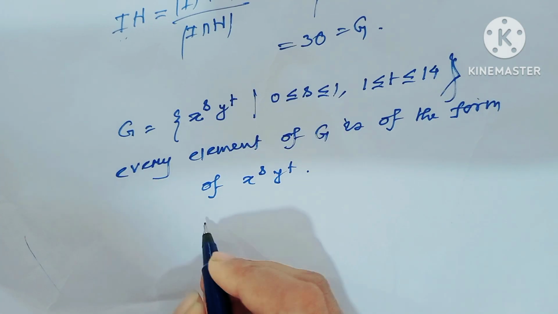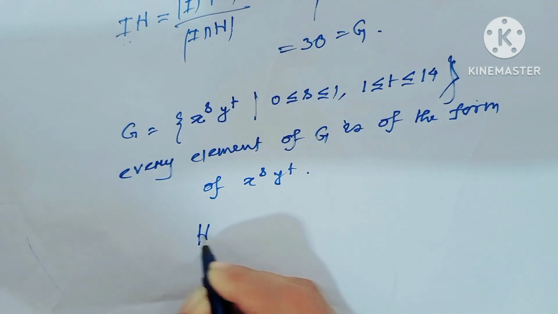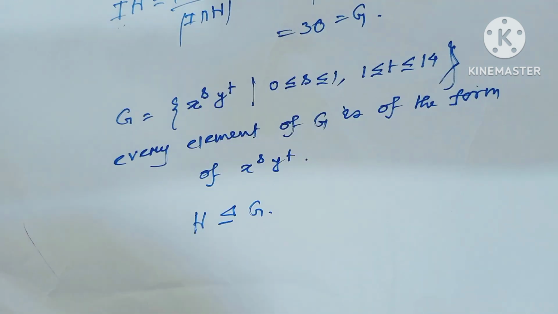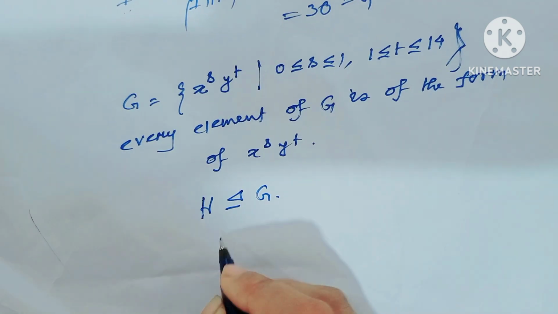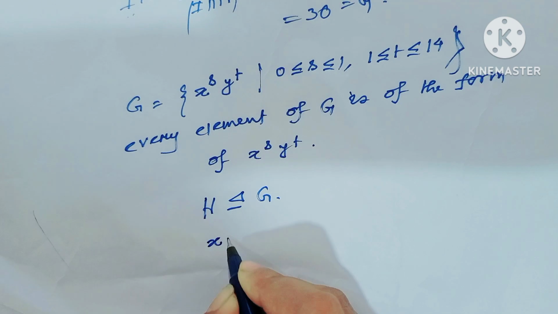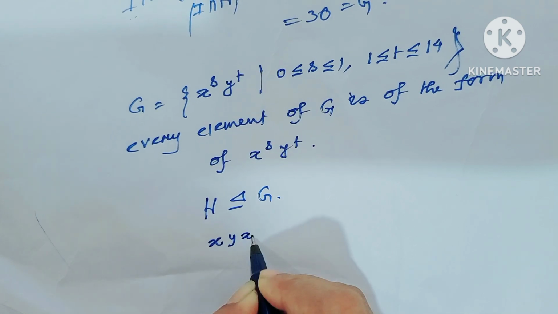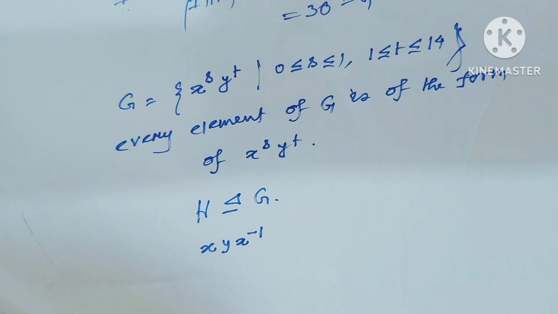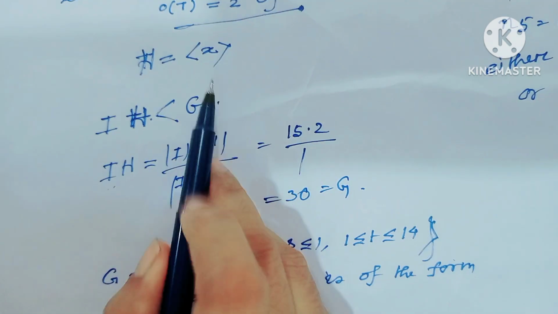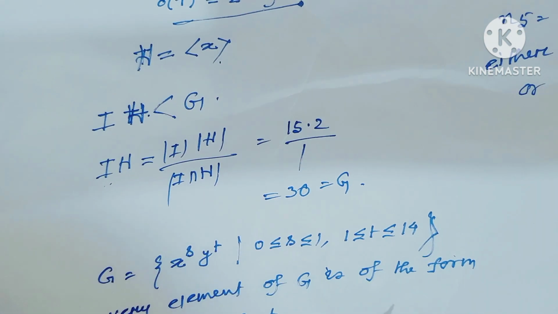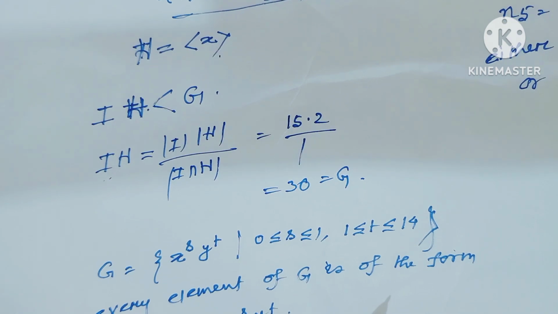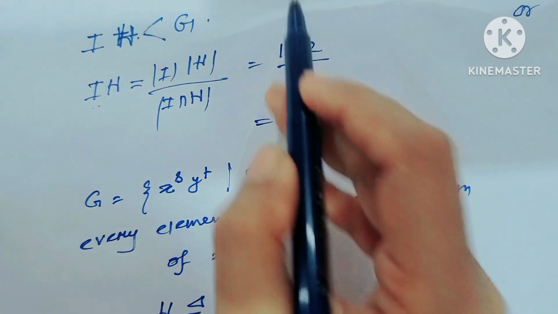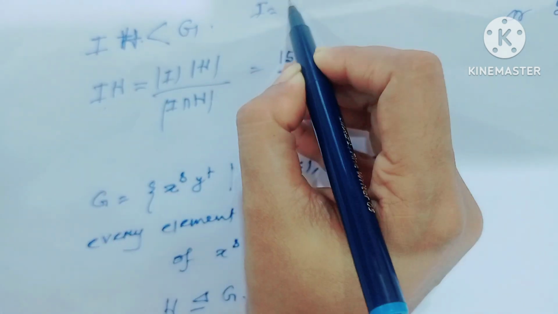I, whose order is 15, is normal in G, a normal subgroup in G. Therefore, by the definition of normal subgroup, x y x inverse, because I is generated by y.